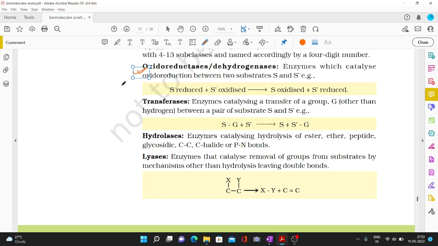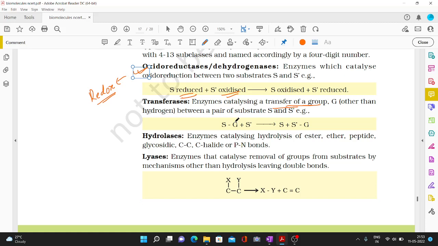Oxidoreductases are basically enzymes which can undergo redox reactions. Okay, I hope you know what redox reactions are, right? So if one substrate is reduced, the other will be oxidized. Okay, transferases basically means that you transfer a certain group from one substrate to another.